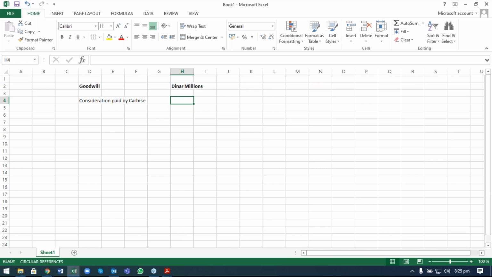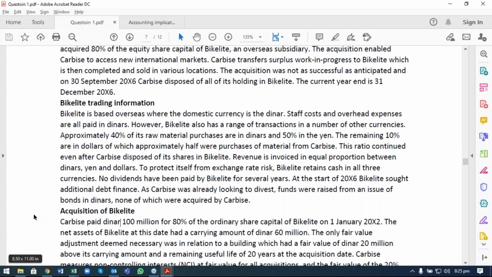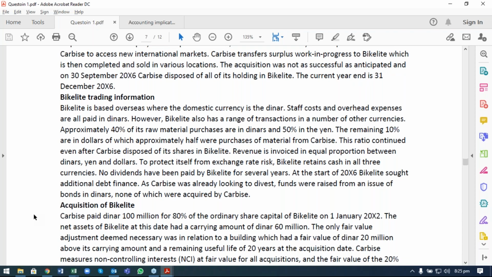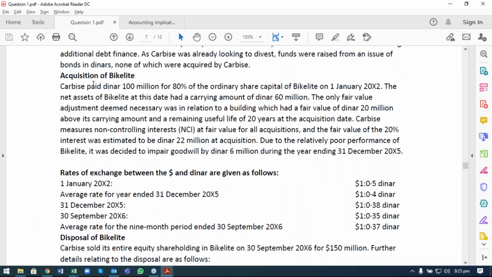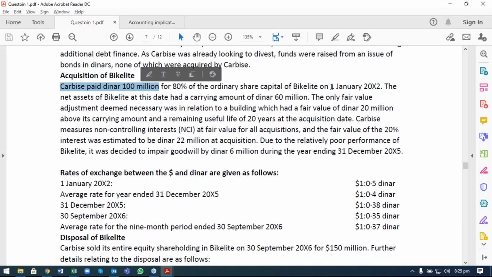So over here, what was the value of consideration paid by parent? This is the acquisition of Bike-Lite. You have acquired 80% and cash paid was 100 million dinars. After paying 100 million dinars on 1st January, the net assets of Bike-Lite at that date were 60 million. I'm not going to consider the net assets of the subsidiary right now.